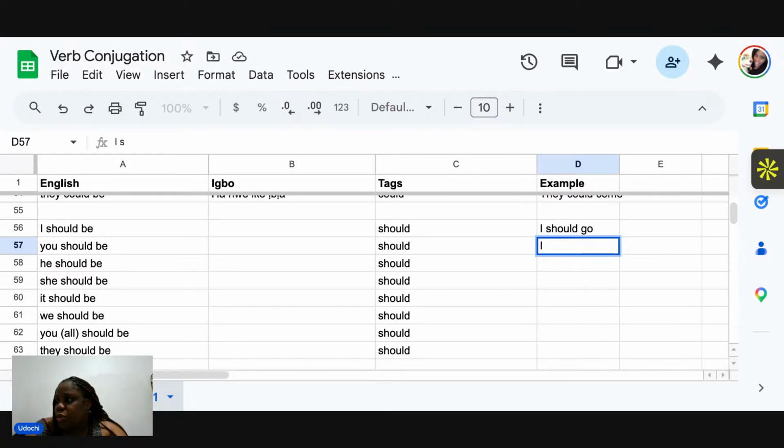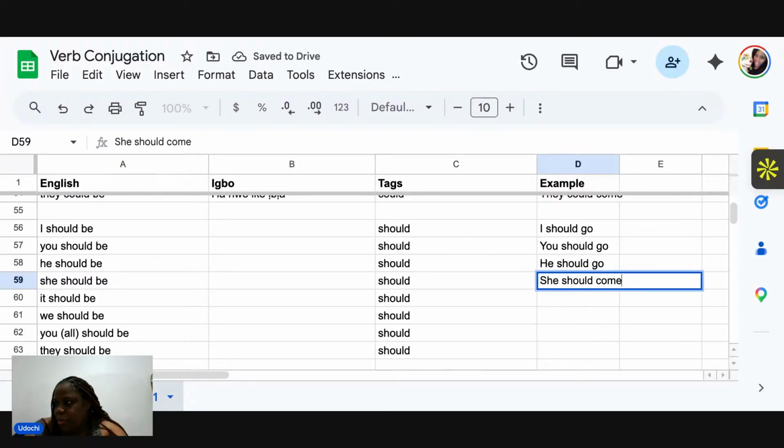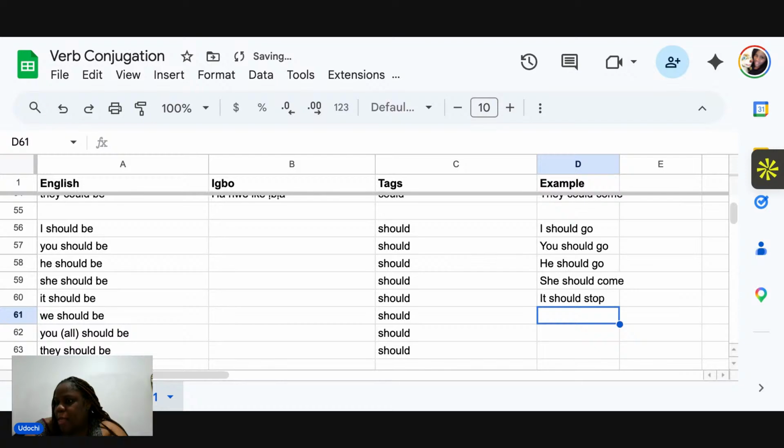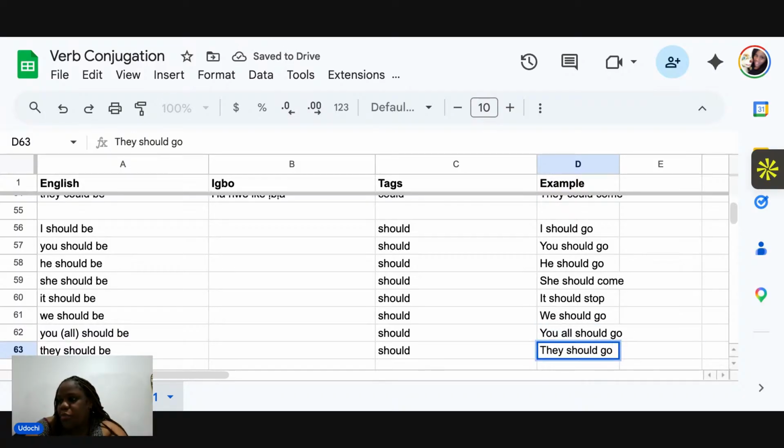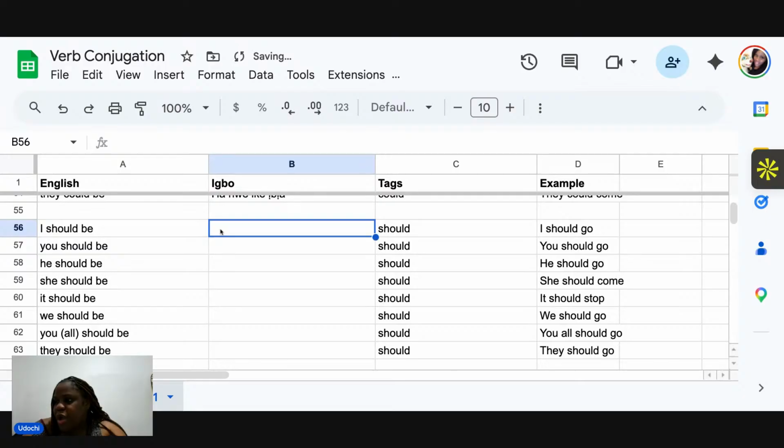You should go. He should go. She should come. It should stop. We should go. You all should go. They should go. What I should go is ekwesịrị m ga.